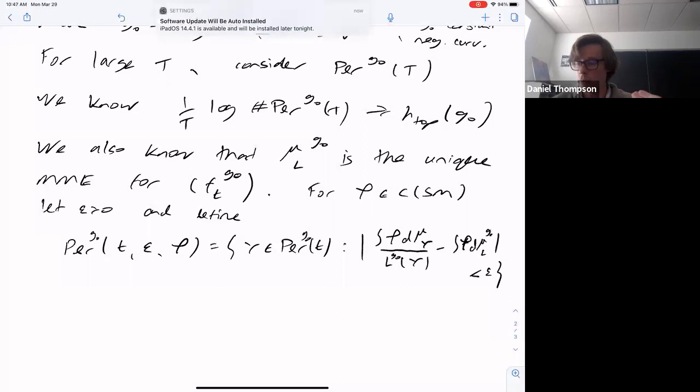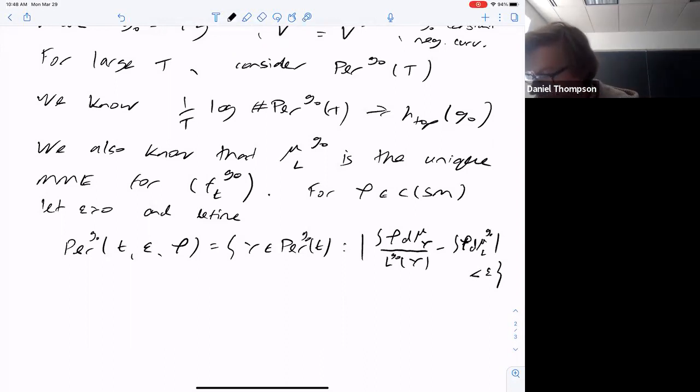But we're not doing almost every here. This is the countable set of closed geodesics, right? So this is a different statement. We want to get an ergodic theorem type result, but on the geodesics. There's a little trick for that, which I'll show you in a minute.